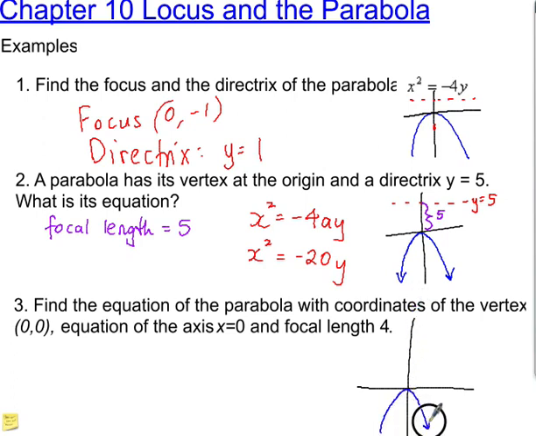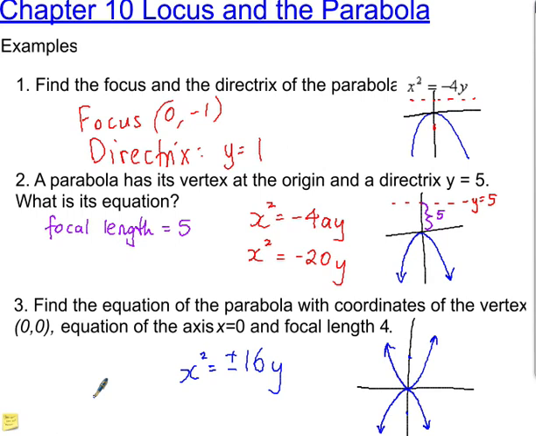So you could have a parabola like that with the focus down there, which would have a focal length of 4 and satisfy all those criteria. And you could have a parabola concave up, where the focus is there, which also has a focal length of 4. So your answer ends up being x squared equals plus or minus 4 times 4, which is 16, y. You end up with two different parabolas. Does that make sense?